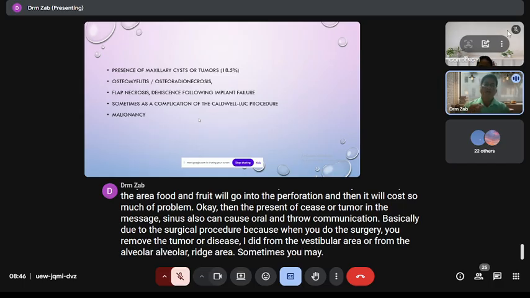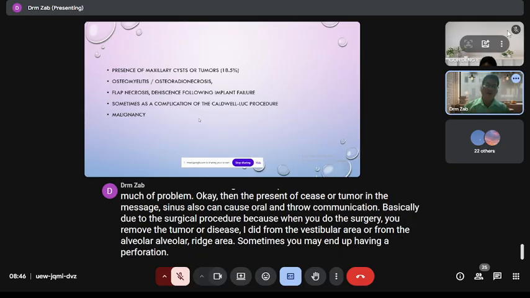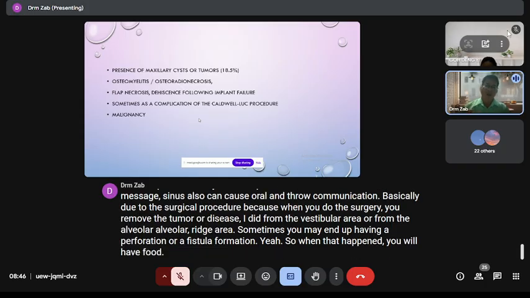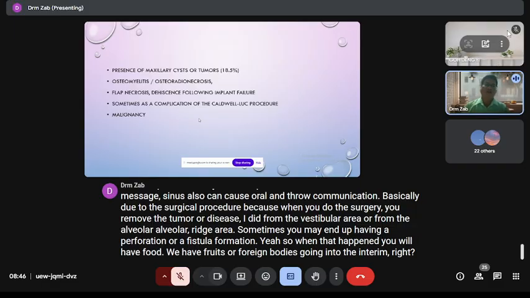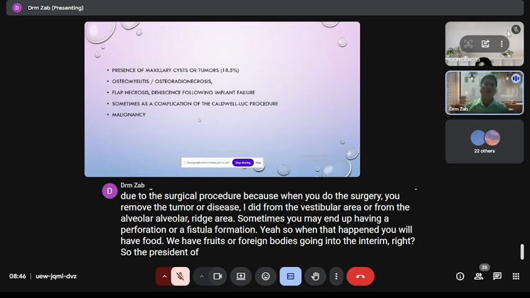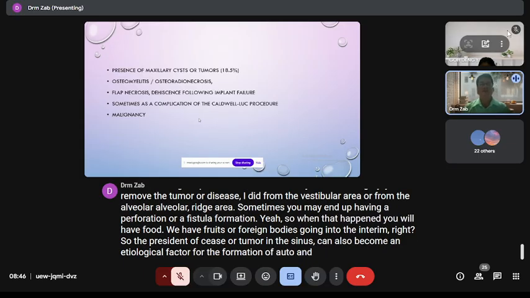Sometimes you may end up having a perforation or a fistula formation. So when that happens, you will have fluids or foreign bodies going into the antrum, right? So the presence of cyst or tumor in the sinus can also become an etiological factor for the formation of oro-antral communication.